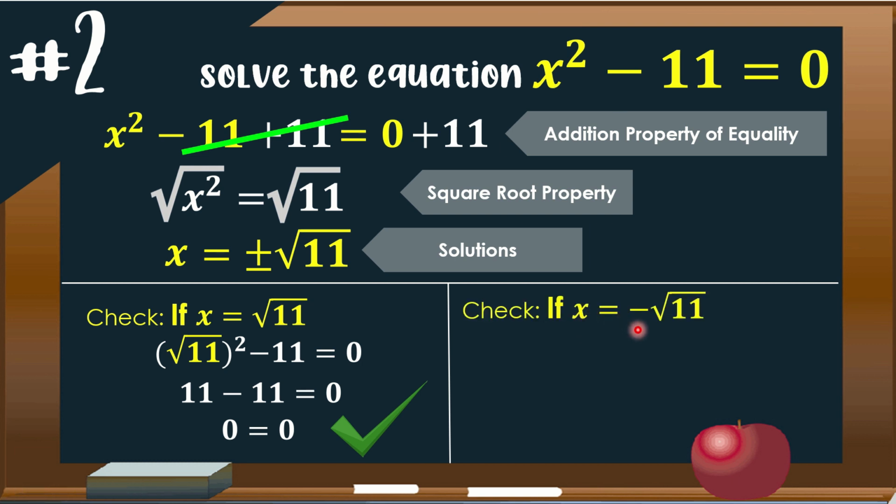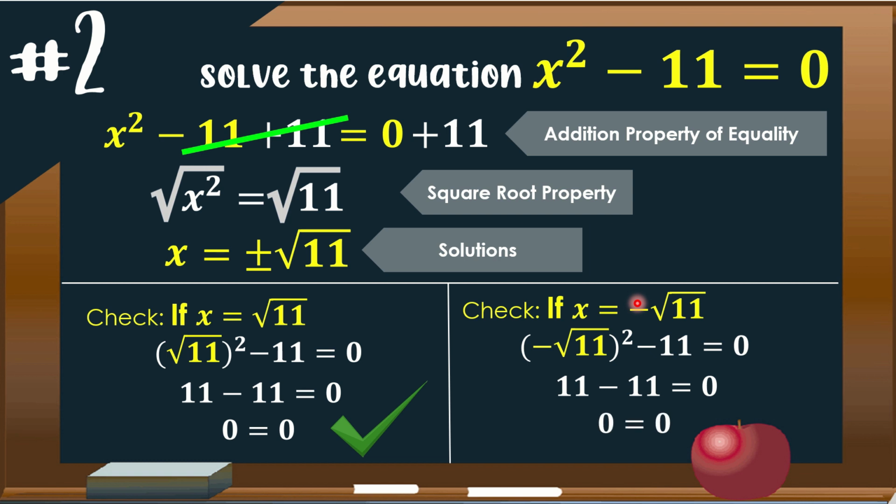Let us substitute negative square root of 11 to our original equation. We will have quantity of negative square root of 11 squared minus 11 is equal to 0. Again, this will be equal to 11 minus 11 is equal to 0, and 0 is equal to 0. Therefore, negative square root of 11 is also a solution of this equation.